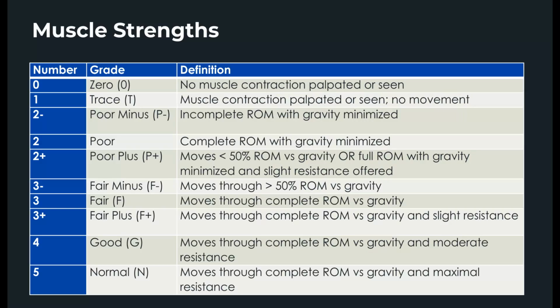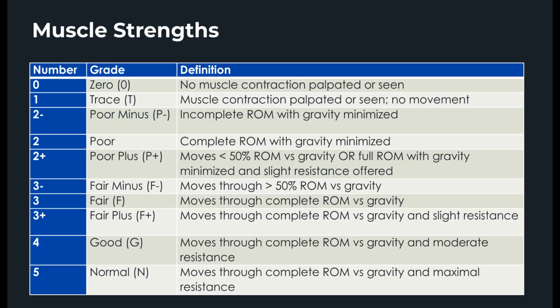The next thing we're going to look at is muscle strength. So we want to understand what is normal, right? We understand that normal, according to this rating, is 5 on a number scale, which means that the person can move through complete range of motion against gravity with maximal resistance.